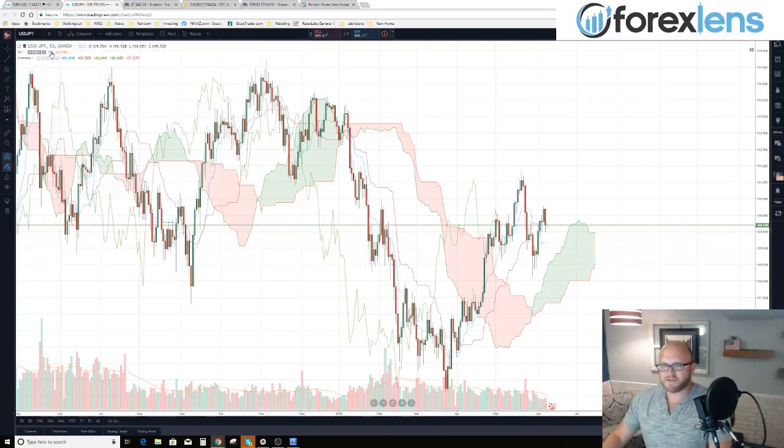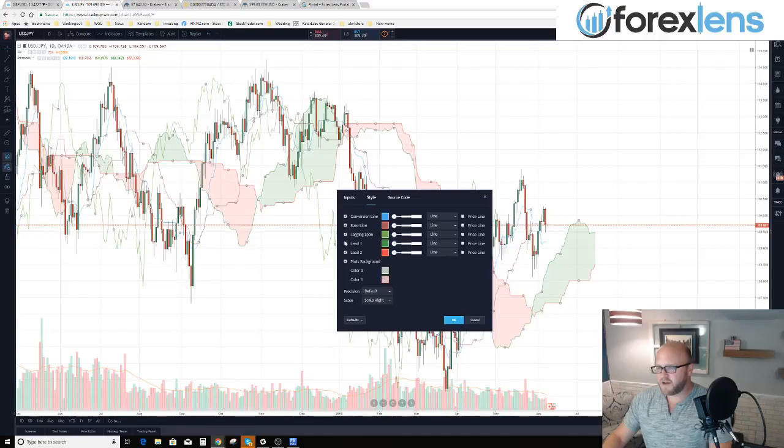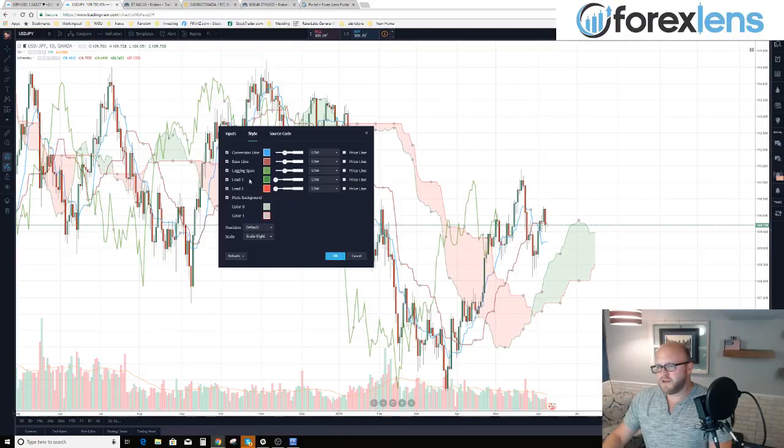So what I like to do is never change these values. Don't ever change those. But I like to make the conversion, base and lagging span lines one or two thicker. And then the lead lines, we don't need those. But we do need the backgrounds plotted, and those are fine.